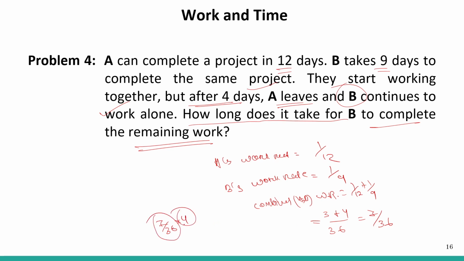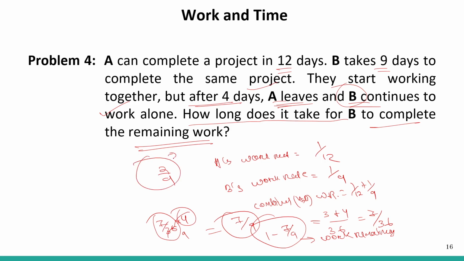So in 4 days, how much will they complete? They will complete 7 by 9 of the work. So 1 minus 7 by 9 is the amount of work remaining, that B will continue to do after A leaves. So this is nothing but 2 by 9, the remaining work.